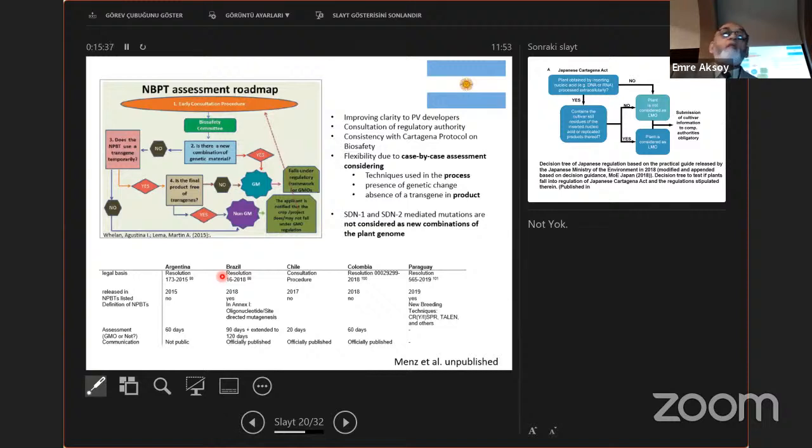So there are different countries shown: Argentina, Brazil, Chile.